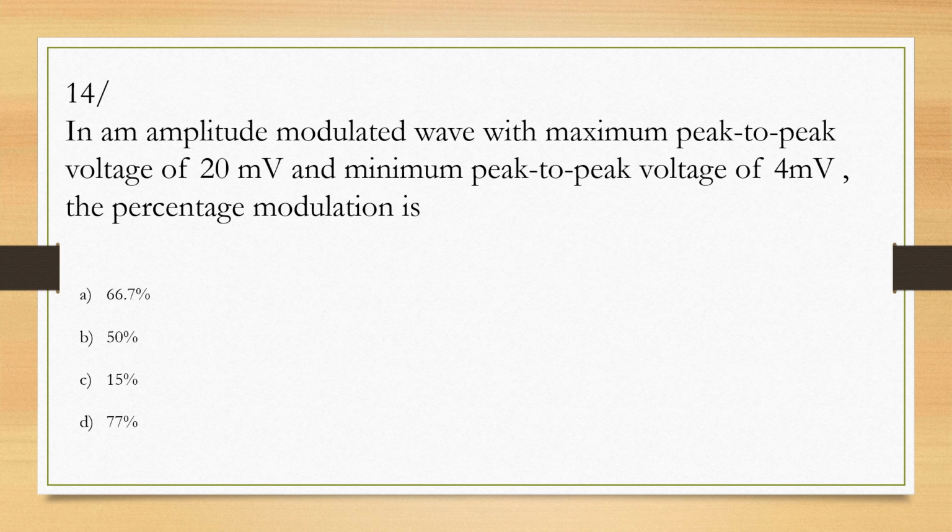Then, in an amplitude modulated wave with maximum peak-to-peak voltage of 20 millivolt and minimum peak-to-peak voltage of 4 millivolt, the percentage modulation is, and the options are 66.7%, 50%, 15% and 77%.